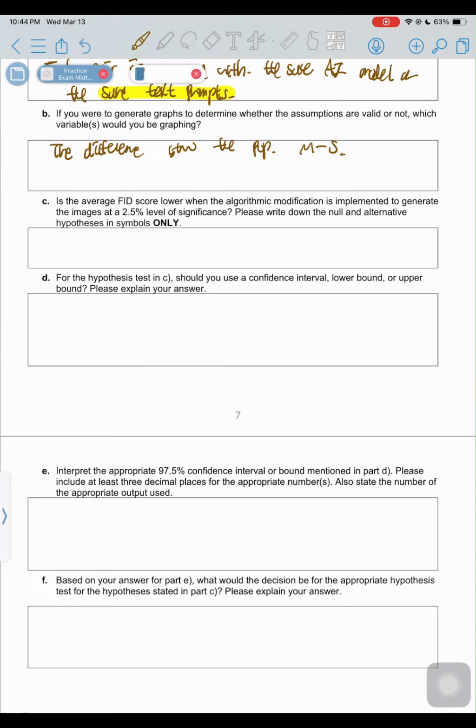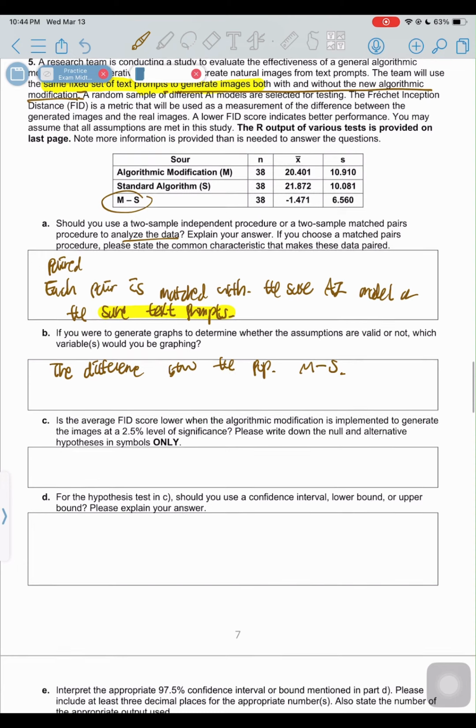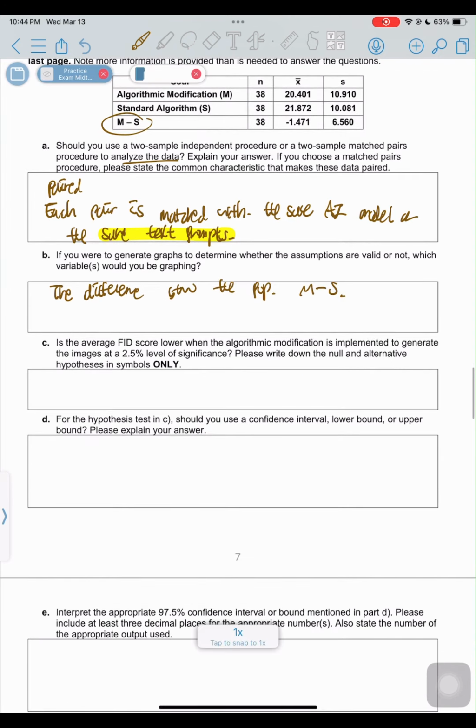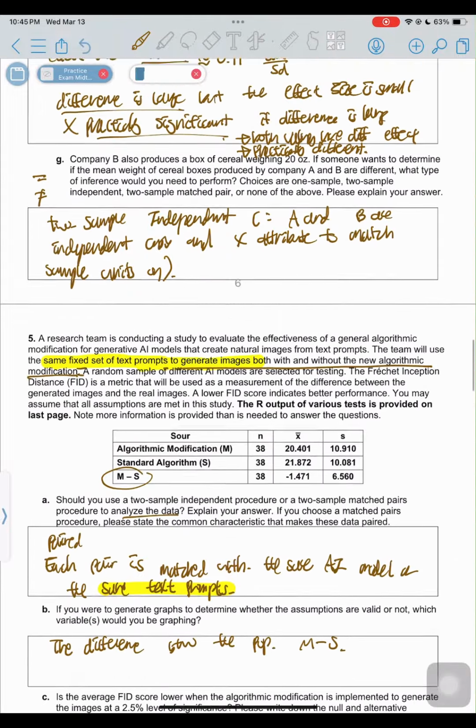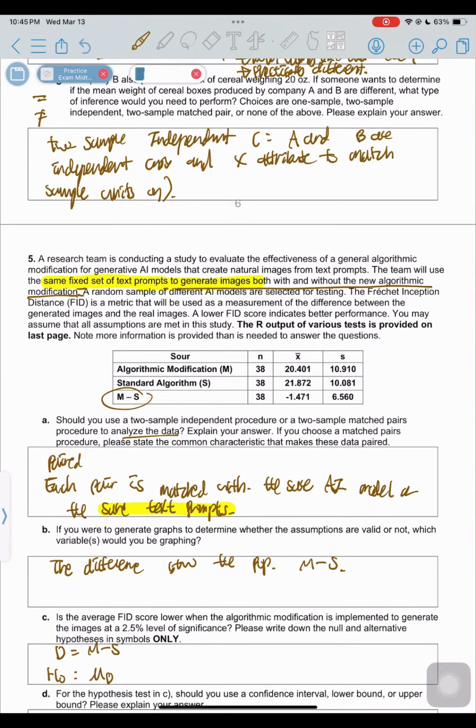Is the average FID score lower when the algorithm modification is implemented to generate the image, at a 2.5% level of significance? If I do m minus s, the difference is D, capital D equals m minus s. Then H naught is mu of the difference, what are we interested in actually?